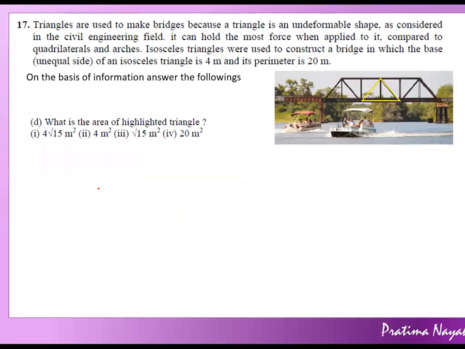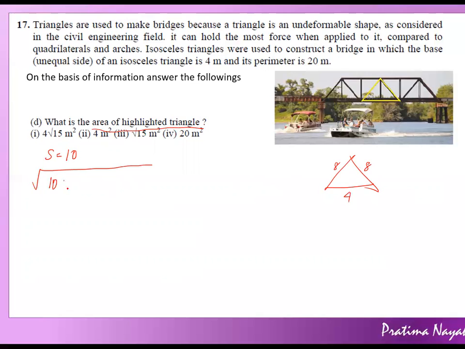Now coming to part D. What is the area of this highlighted triangle? For this area, you need to apply Heron's formula. The semi-perimeter S we have already found, this is 10, and directly put it in the formula.